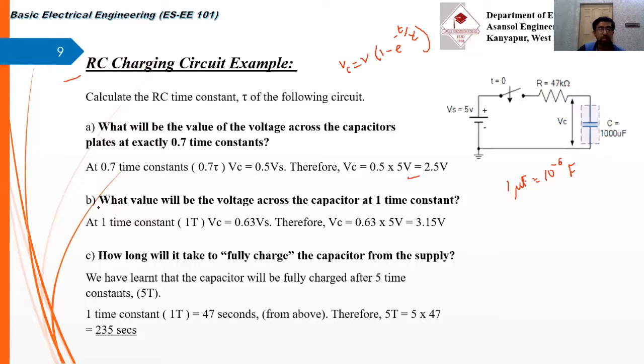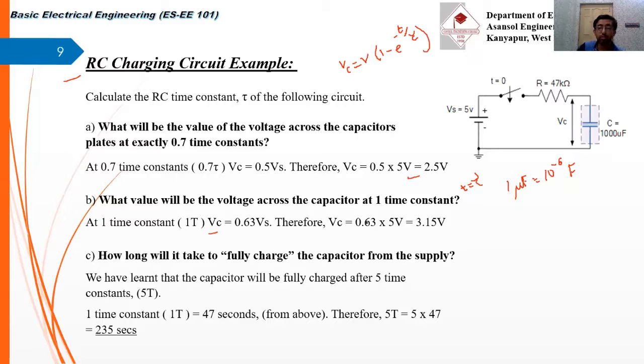Clear? Next, what value will be the voltage across the capacitor at one time constant? What is one time constant? That means when t equals tau. Okay, at 1 tau, the Vc equals 0.63. Put the value t equals tau here. You will get the voltage across the capacitor. Fine.